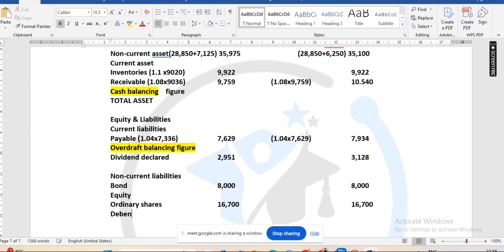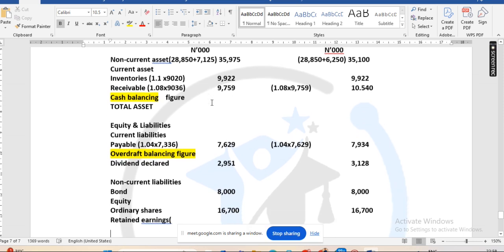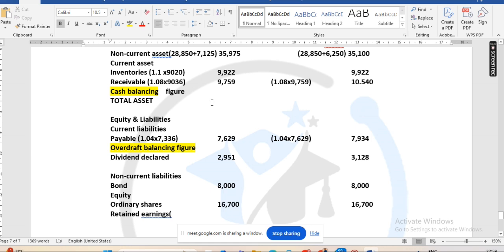Retained earnings, open bracket, this is 2022. In 2021, you have a retained earning. Will you forget that retained earning? When you are doing your statement of changes in equity, the one of 2021 will be brought forward to 2022.